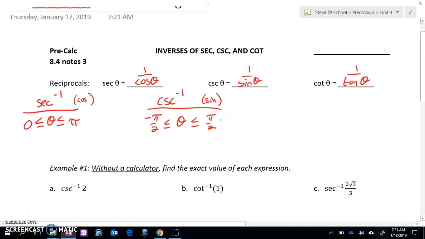This is where it gets a little weird, and it's because of a graph. So tangent we did between negative pi over 2 and pi over 2 like sine. However, cotangent inverse, or inverse cotangent I should say, is not like tangent. It's like cosine and secant. The output is going to be between 0 and pi.